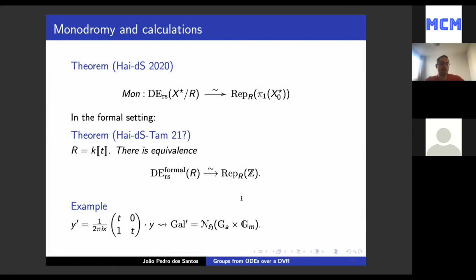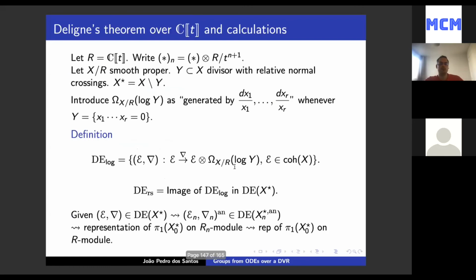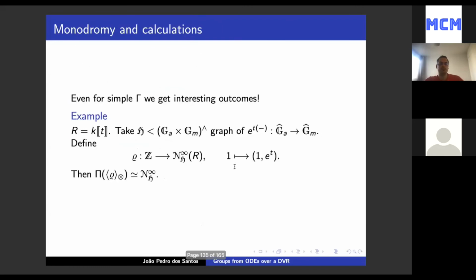If I give you this simple differential equation over Gm, I can use the theorem to say that this is regular singular, so I only need to take care of the representation of pi1, and the representation of pi1 in this setting was the representation which I mentioned here.